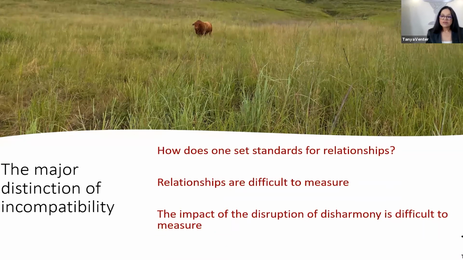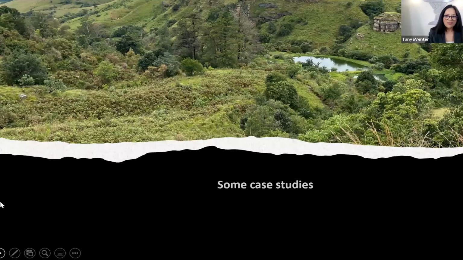Disruption is difficult to measure as well, but very quickly employers know where people are causing problems. And we hope that through our examples, this will demonstrate that. So this is why we think this is difficult, and why employers and employees alike are struggling with this concept of incompatibility.